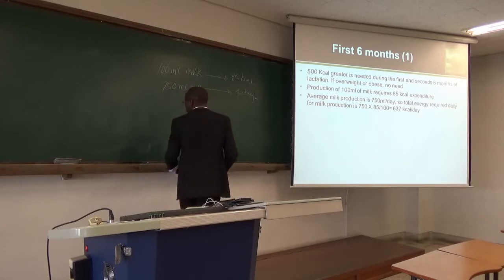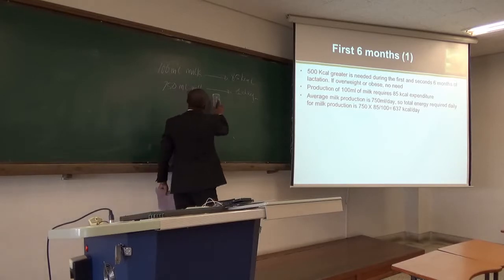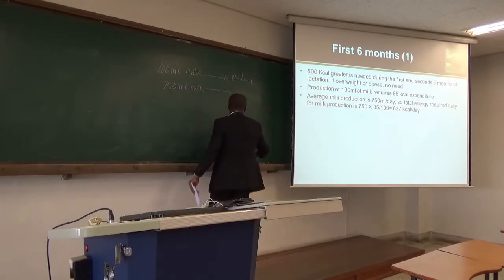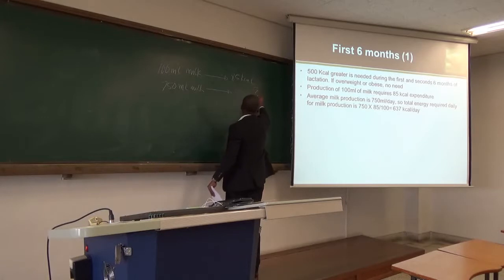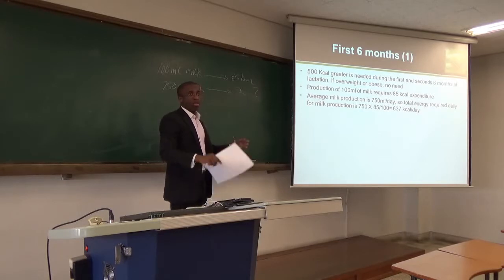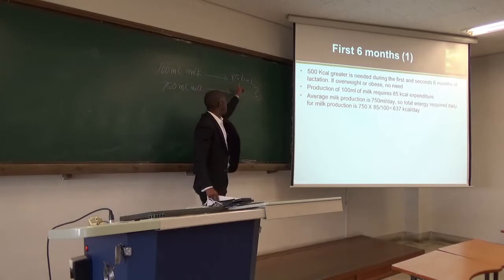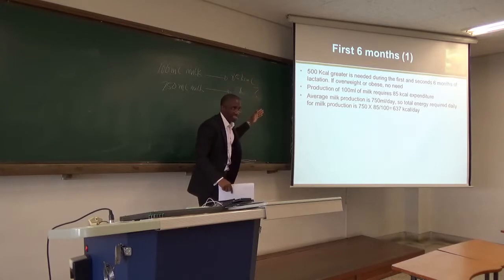It's the simple rule of, if I ask myself the question, how much energy X do I need every day? Look at it again. 100 milliliter of milk, I spend 85 kilocalorie per day. Okay?